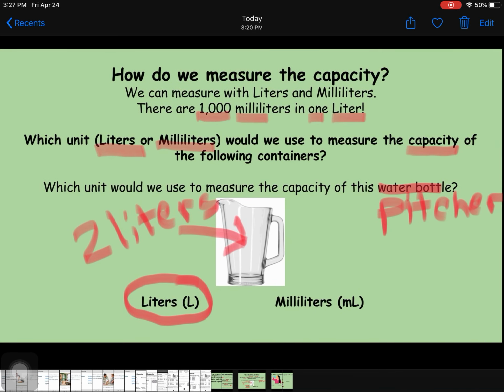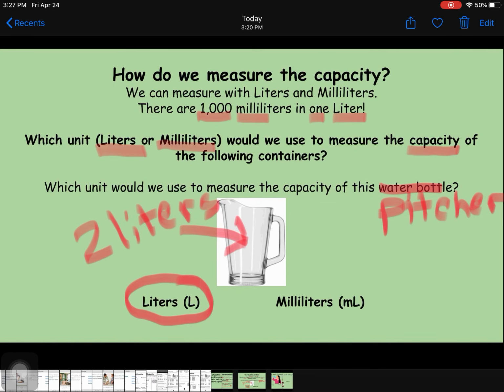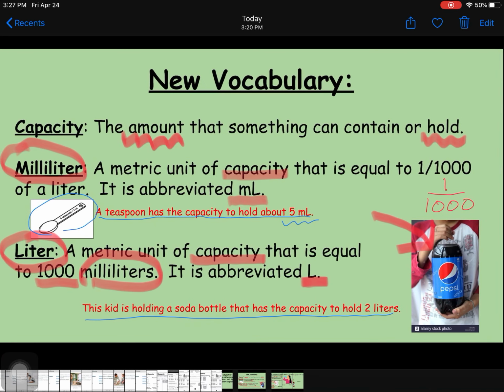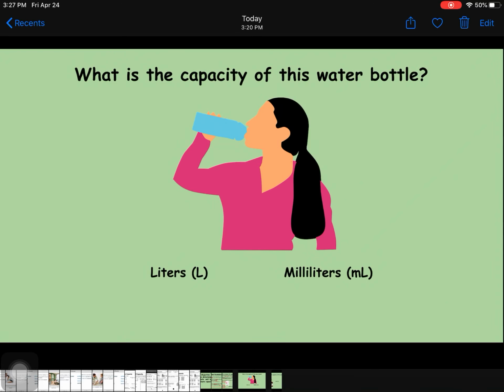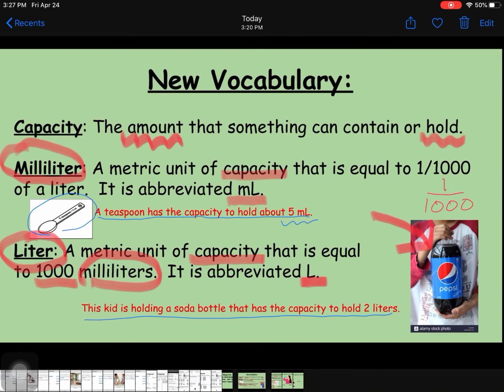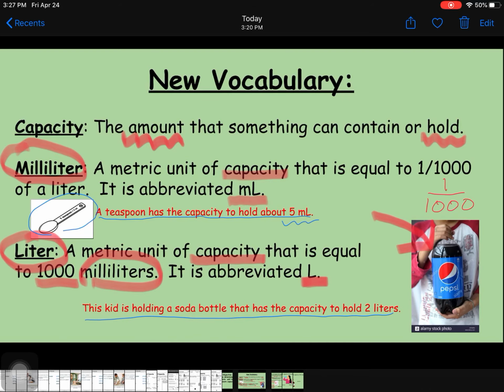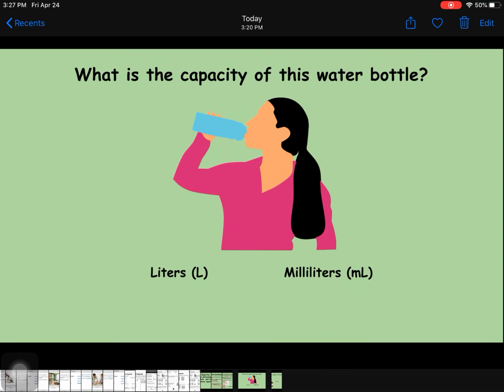Now, I remember that this pitcher was 2 liters, and this big bottle of soda was also 2 liters. I would not pick this big bottle of soda up and chug it, all right? I don't carry 2 liters around with me, okay?